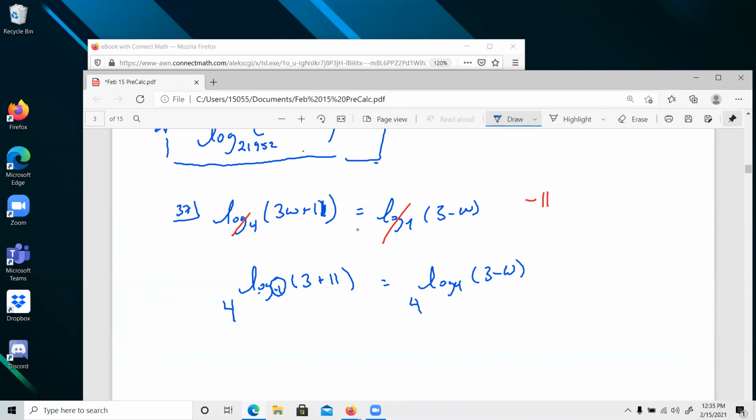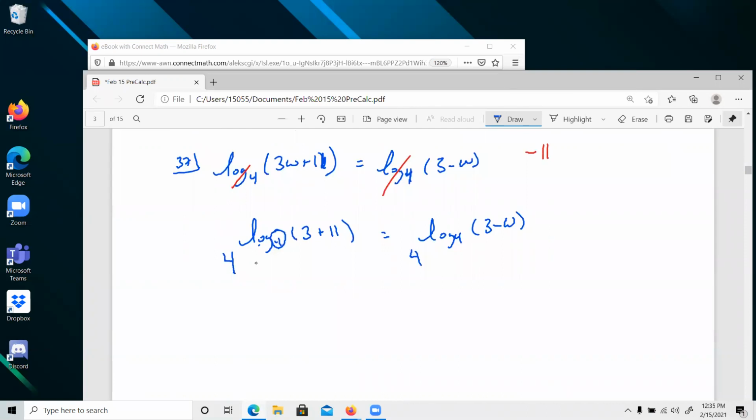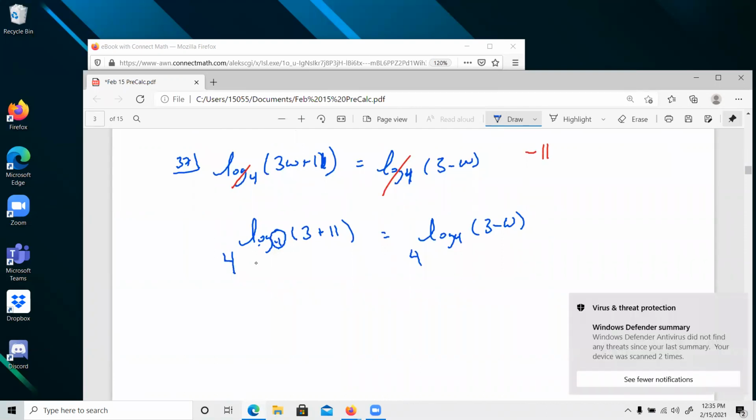You can't do that. The proper term is called taking the anti-log. I always say unlogify it, but that's not correct. That's not really English. So be careful when you're doing this. Make sure you've taken the anti-log correctly.